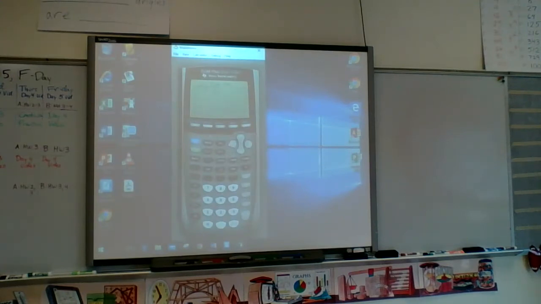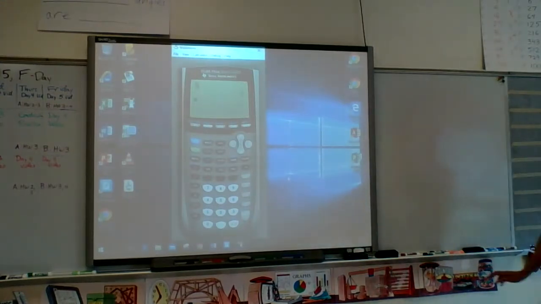Okay. So if I go to 12, or let me alpha y equals that. Alpha y equals 12 divided by 18. Right.